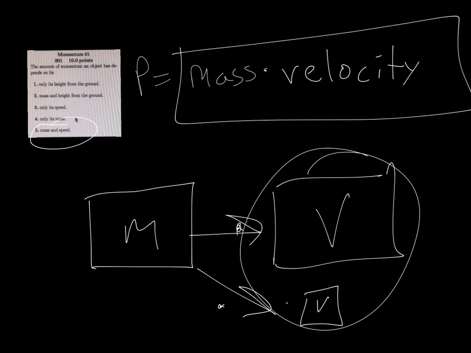A good way to look at it is mass gives inertia. So the more mass you have, the more inertia you have, and really it's inertial mass, so it tells you how much you're going to resist the change in motion.